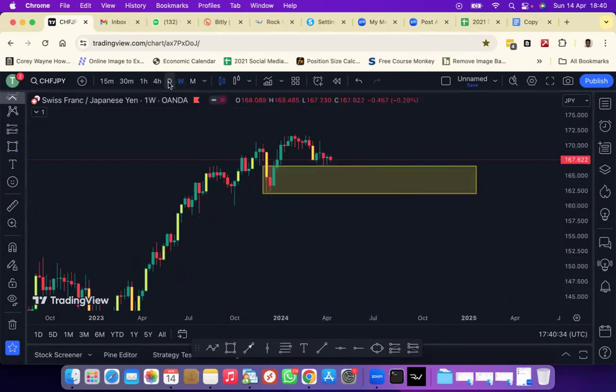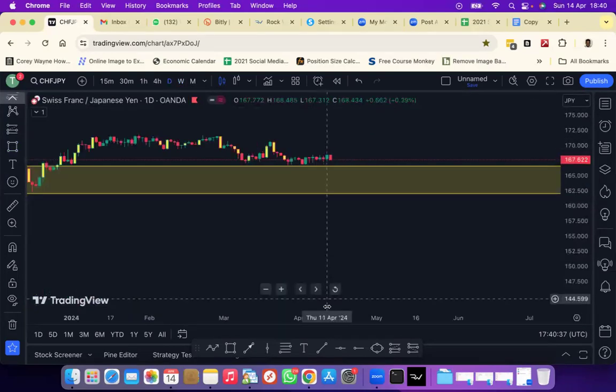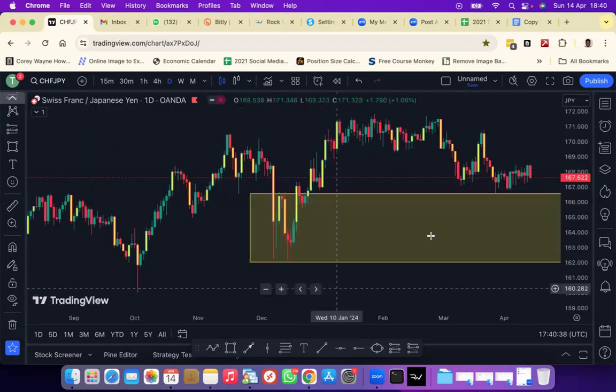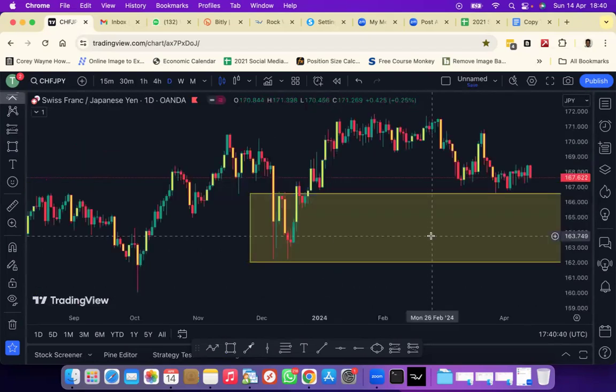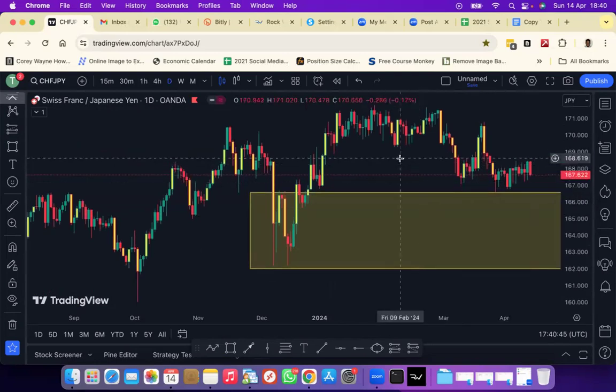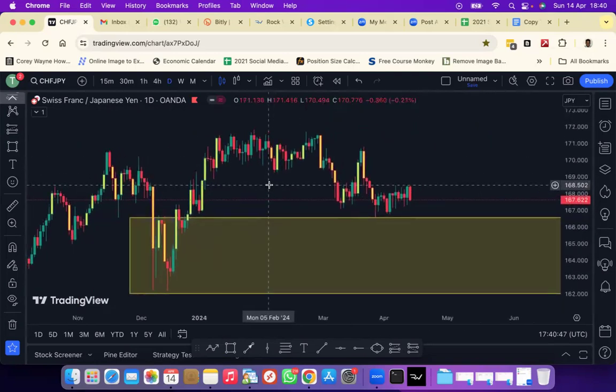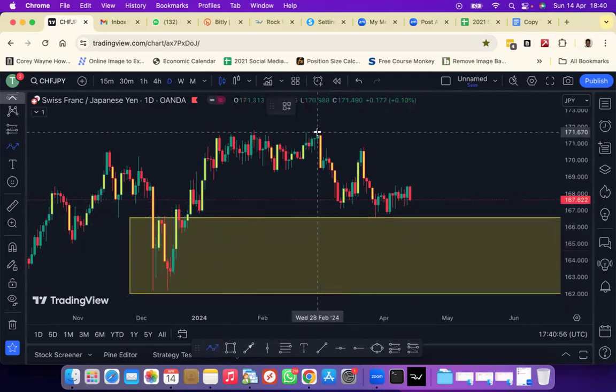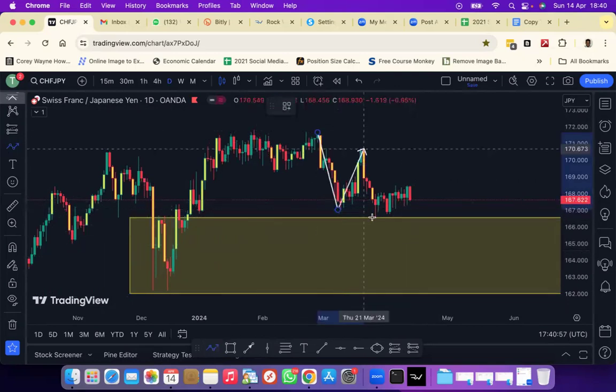Now let's go to the daily time frame to be a bit more sure of what's going on. On the daily time frame, we see price is still bearish, I mean on this internal structure retracement like so.